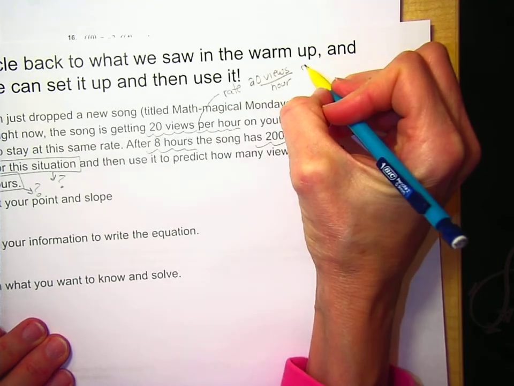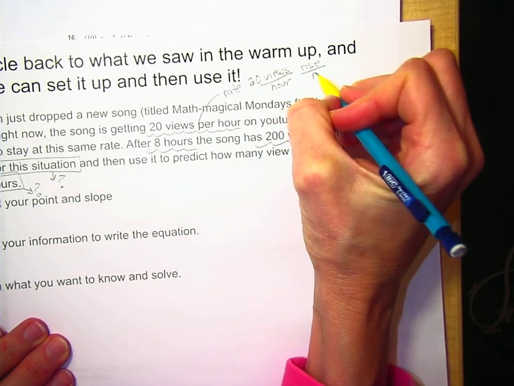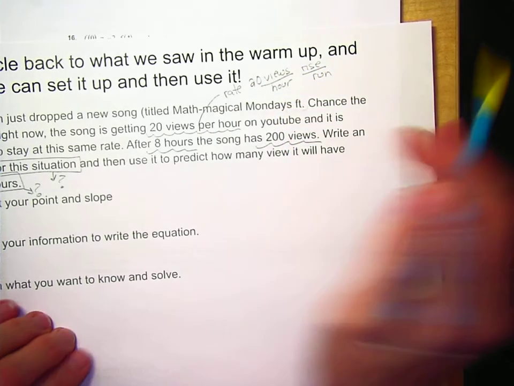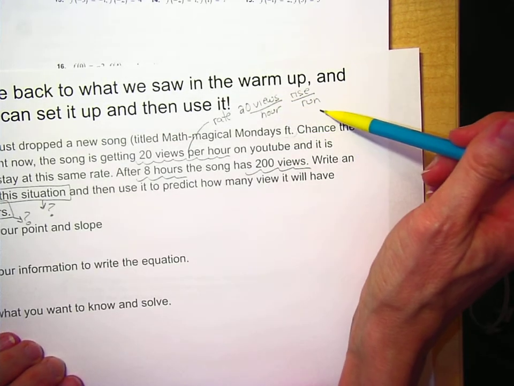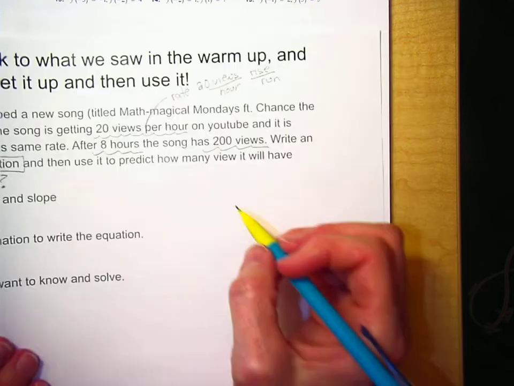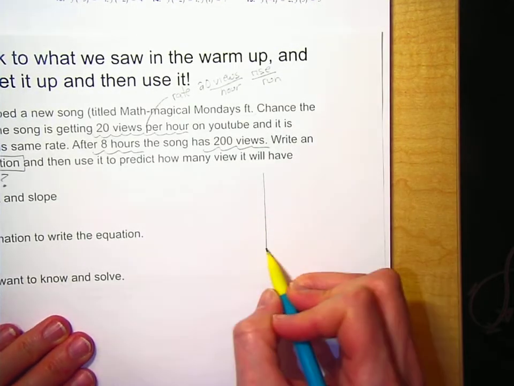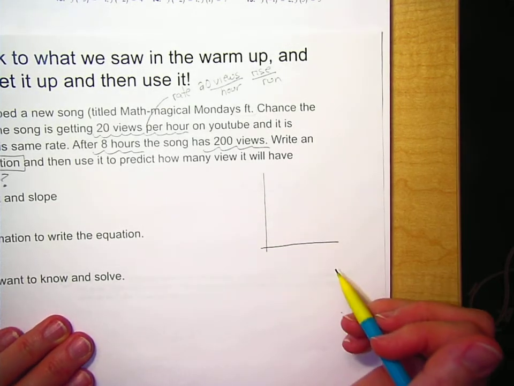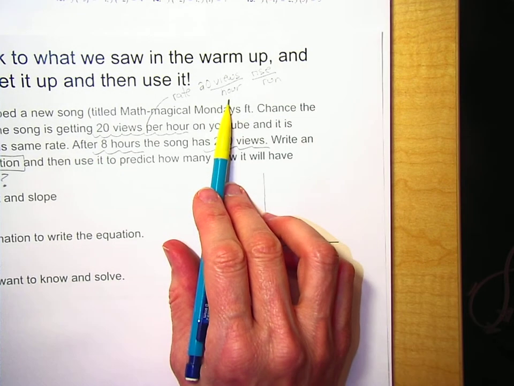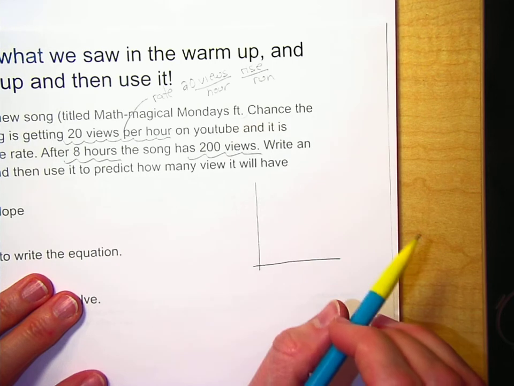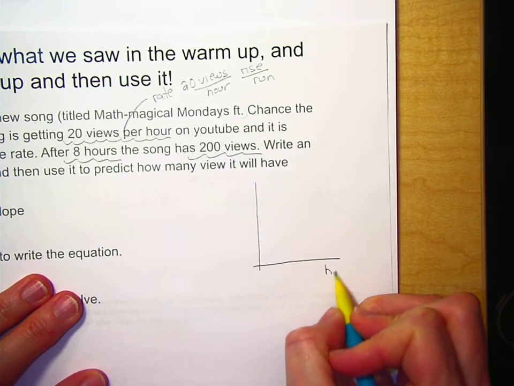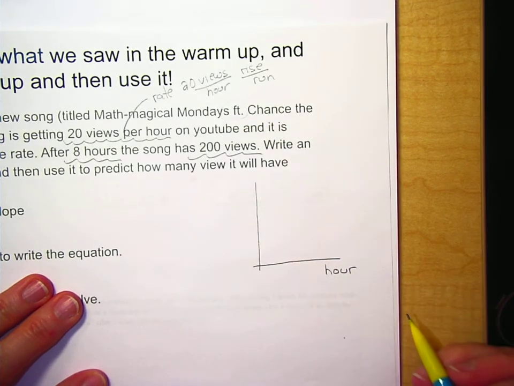So remember, slope is your rise over run. So it is a rate. Views per hour is like your rise over run. So I'm going to show this in a graph because I think that's sometimes the best way to think about this. Remember, when you have time in your problem, time is always the independent variable because nothing depends on time.